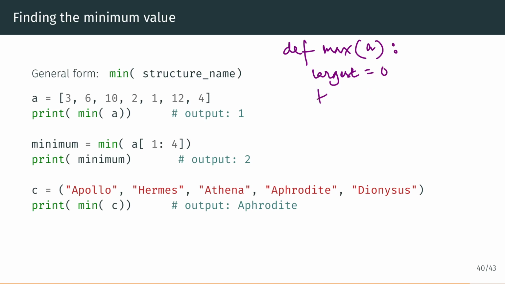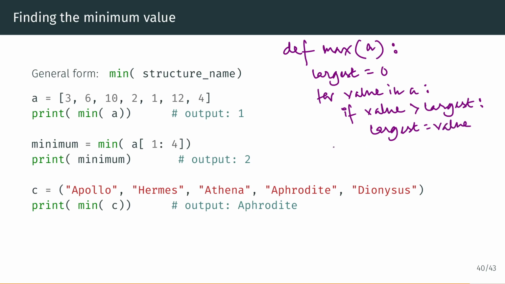And then you say for value in A, so for each value in the list A, if value is greater than largest, then you update the largest, so largest equals value.